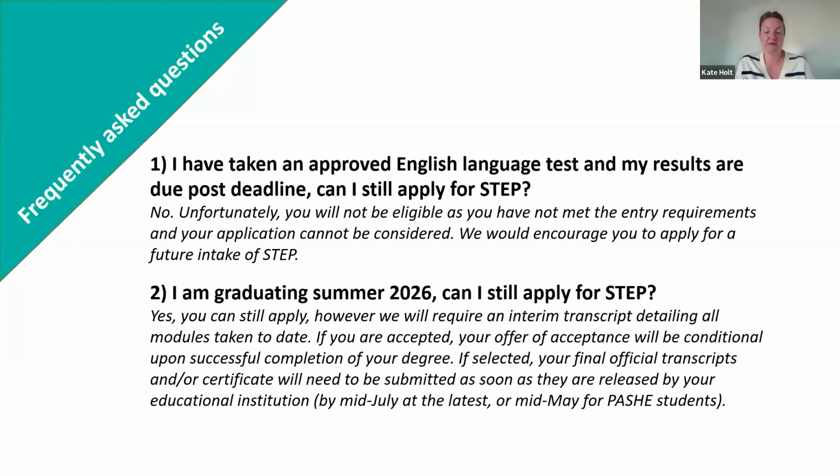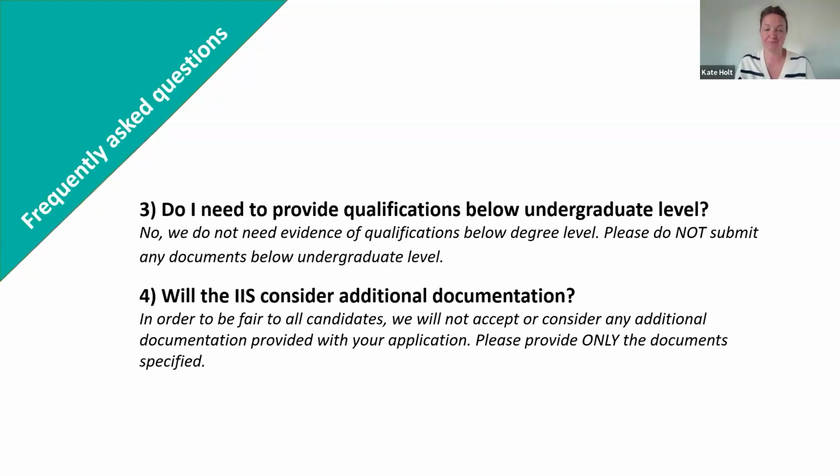If selected, your final official transcripts and certificate will need to be submitted as soon as they are released by your educational institution. So try and get those as quickly as you possibly can and chase if necessary. And that needs to be by mid-July at the latest, or mid-May for anybody who's going to be doing the UCL pre-sessional course.